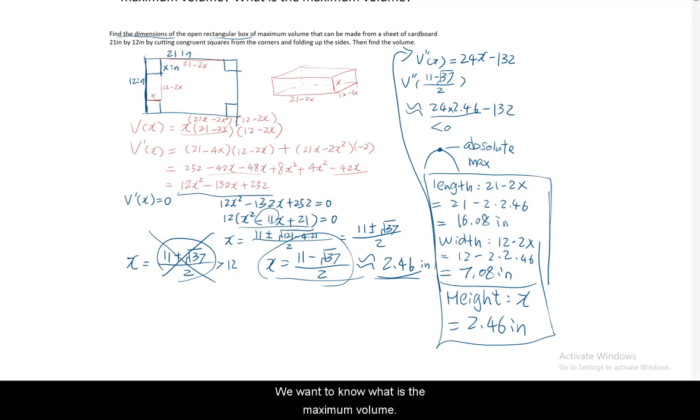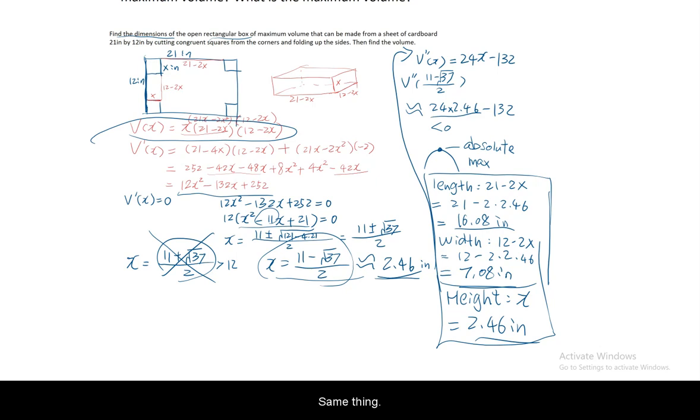Okay, so we know the dimensions of the box. We want to know what is the maximum volume. What you need to do is just basically multiply these three numbers together, right? Or plug 2.46 into v of x. Same thing.